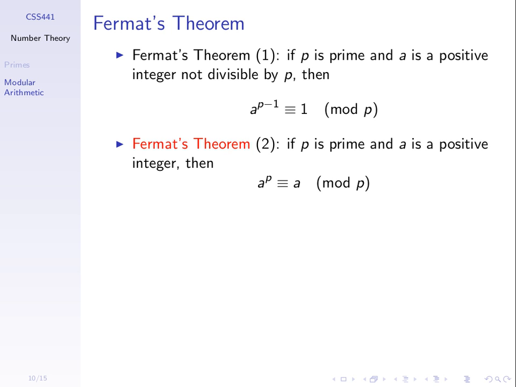If we have p as a prime number and a is some positive integer, then Fermat's theorem tells us that a to the power of p is the same as a when we're in mod p. That is, a to the power of p mod p equals a, as long as p is prime and a is a positive integer.